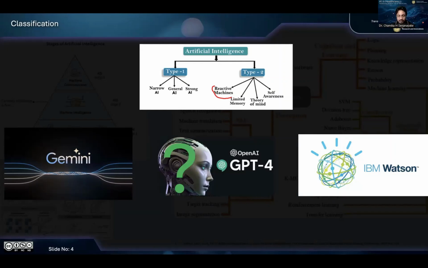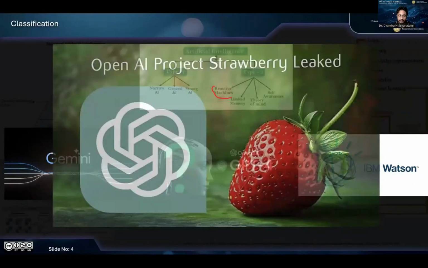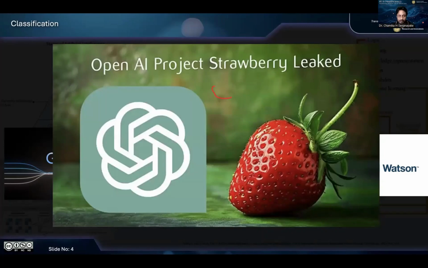When you access the dark web, there are certain projects like WikiLeaks and so on. They have recently announced an OpenAI project called Strawberry, which is almost reaching AGI standards. That means it can take a problem and, like humans, disaggregate it into multiple steps, and solve those problems in a stepwise manner.